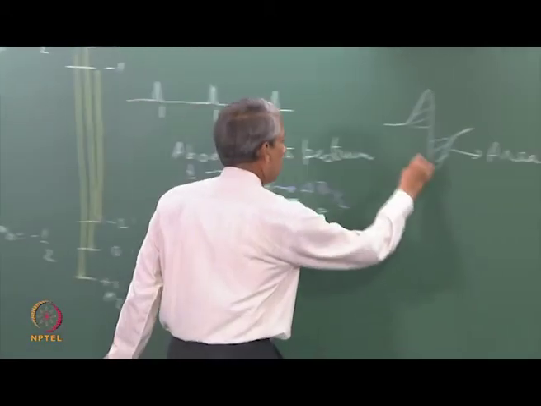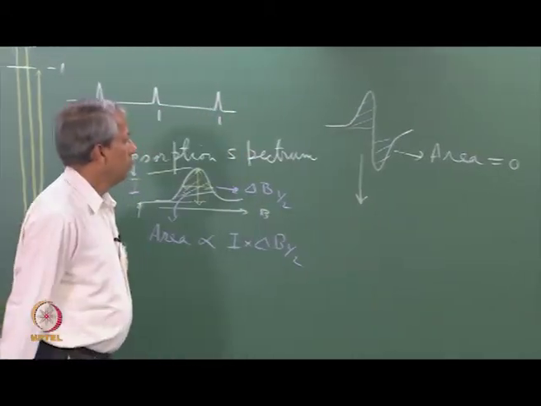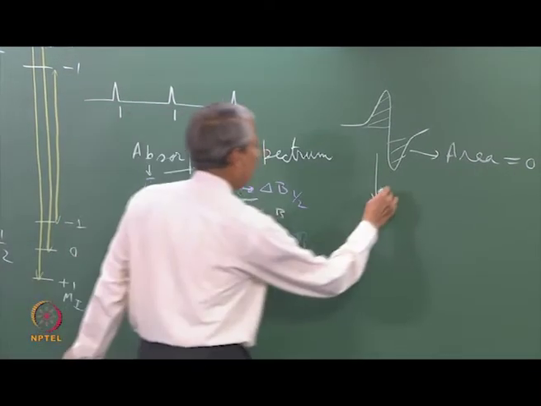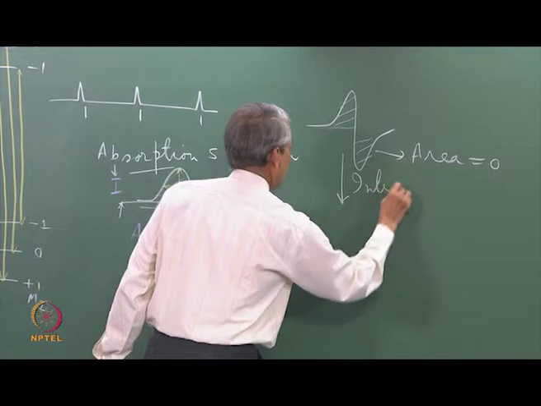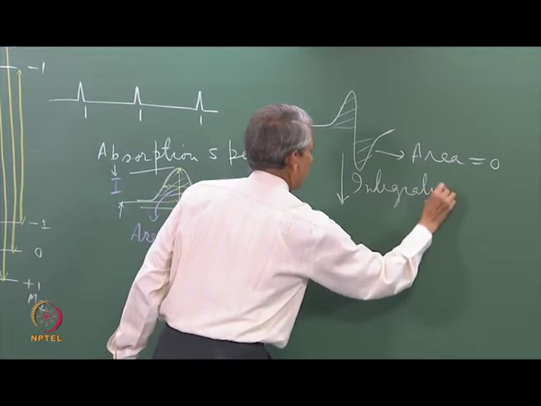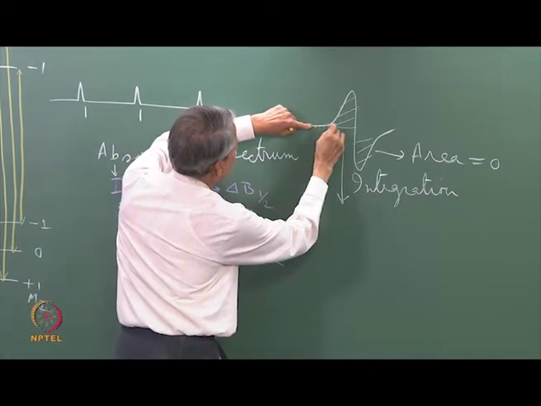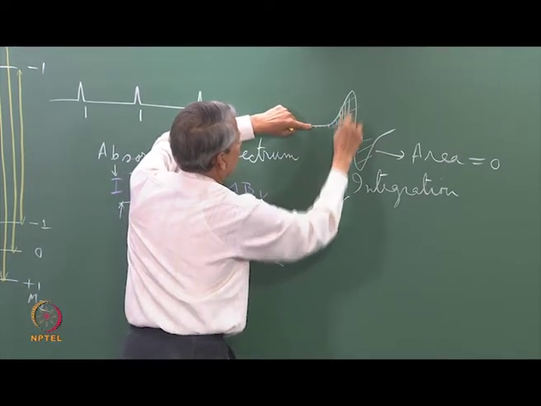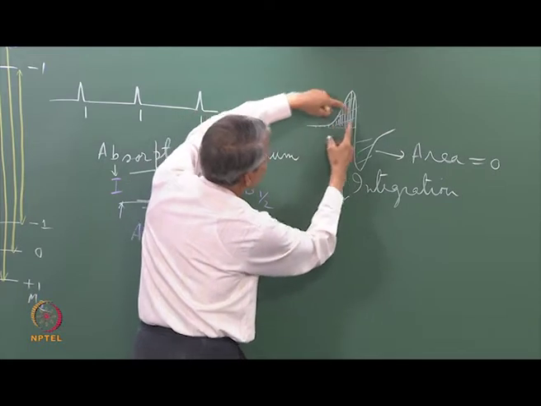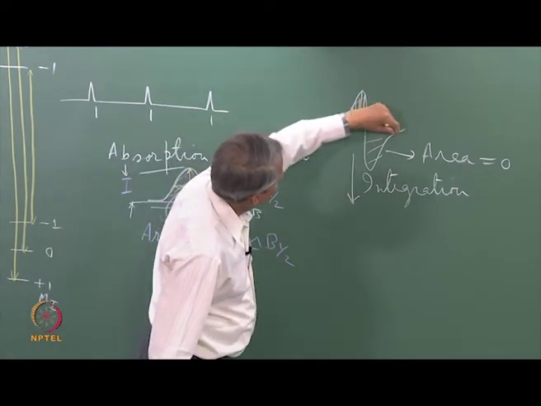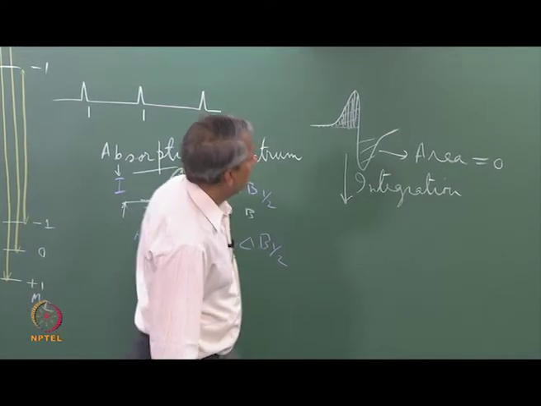So what is done here is first you convert the derivative signal to an absorptive signal of this kind by integration. That is, you start from this end and keep on adding this area, various slabs are taken, and then keep on adding these little small strips, and then continue to do this all the way to the extreme right.